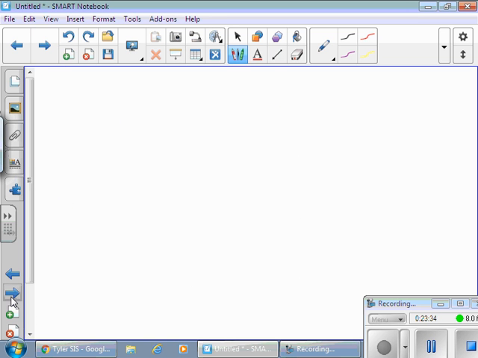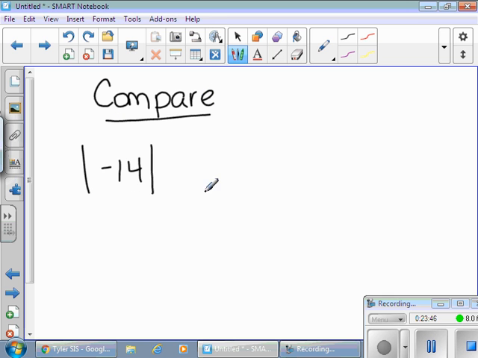Okay? Now, sometimes they will give you numbers and ask you to compare. And they might say, I have the absolute value of -14 and 13. And they want you to compare. First of all, what does compare mean?